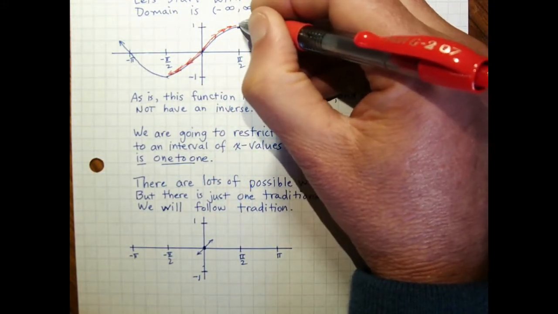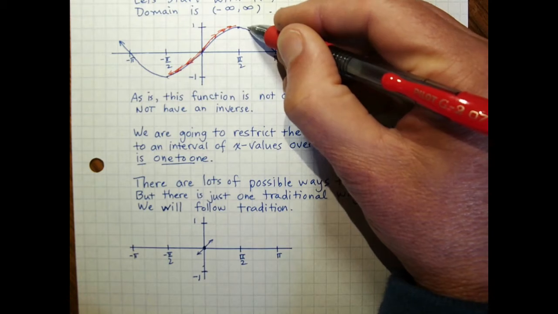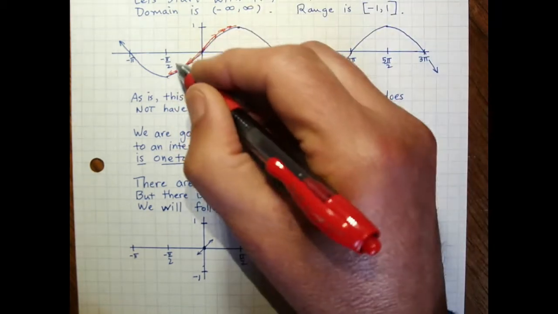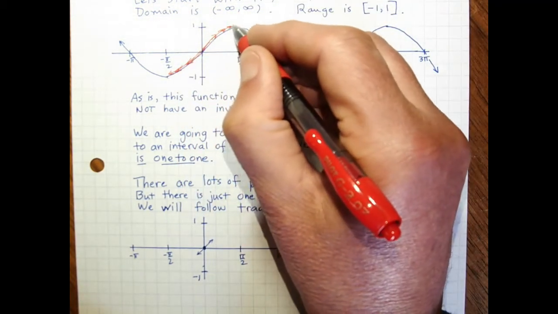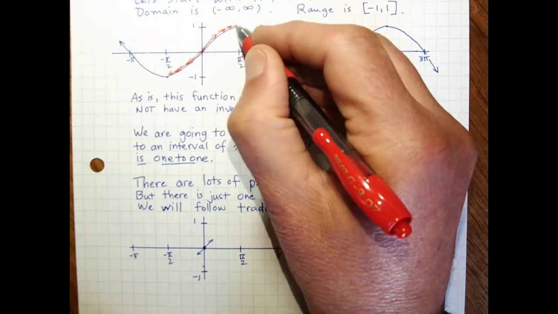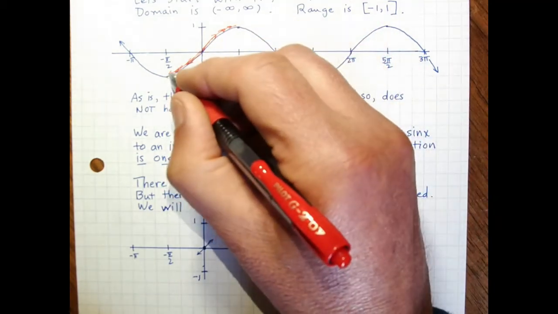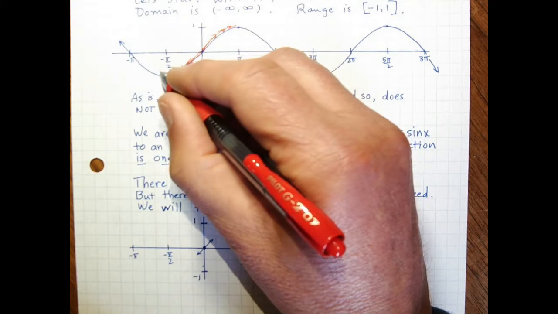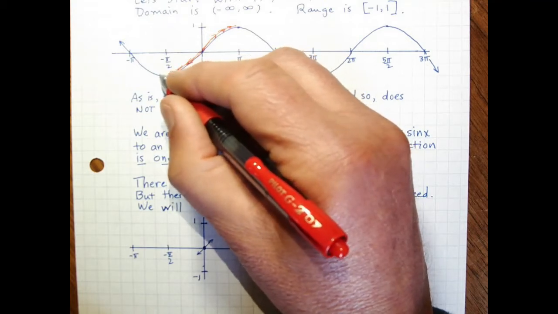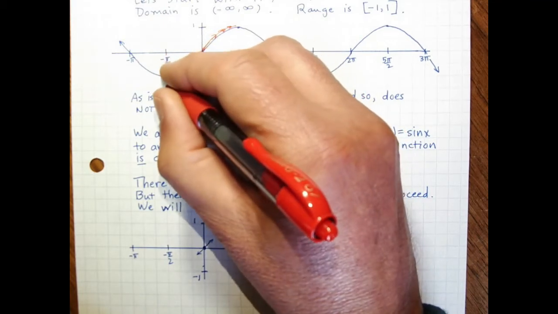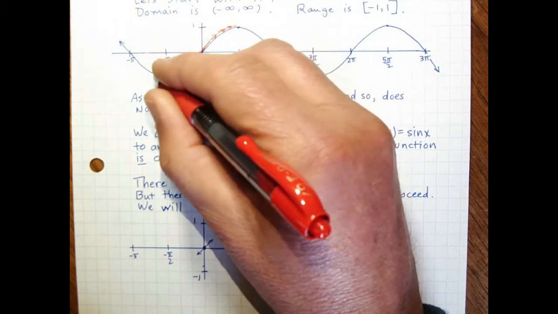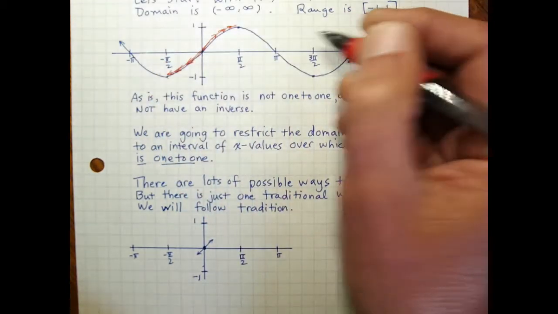If I go any bit beyond pi over 2, I'll no longer be taking a piece of the graph over which we are one-to-one. Same thing if I back up beyond -pi over 2. If I go further beyond, I would have a portion of the graph where we're no longer one-to-one.